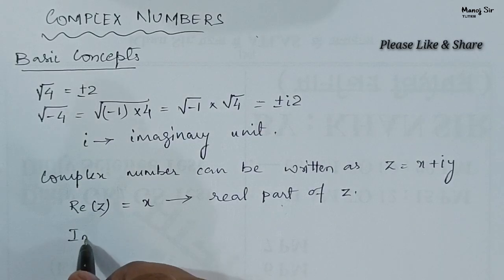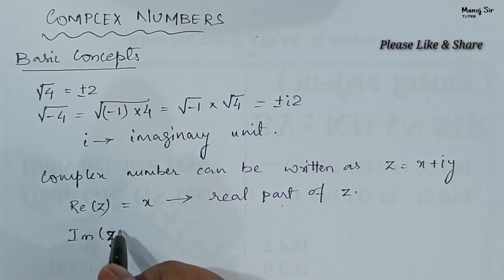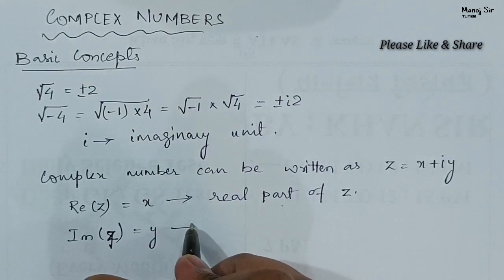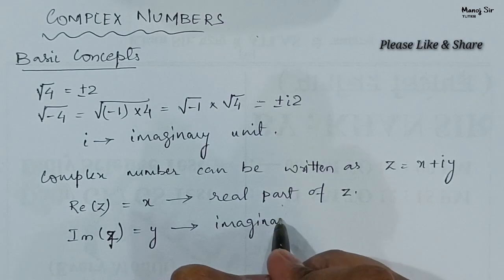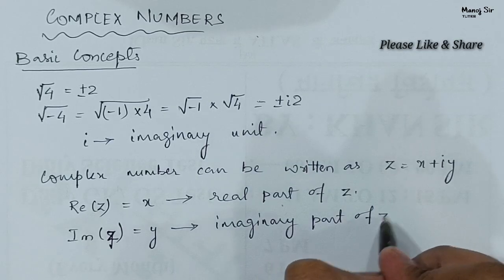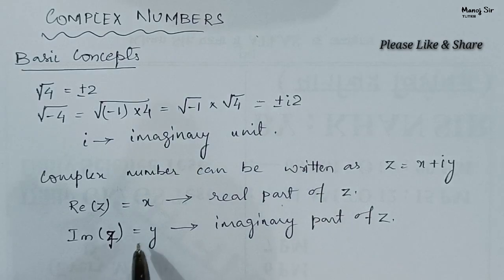The imaginary part of z is y. So x is the real part of z and y is the imaginary part of z.